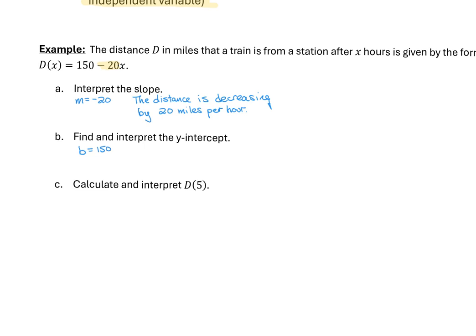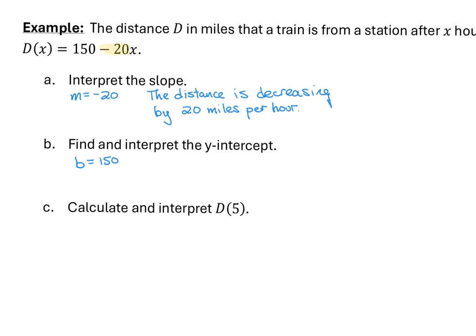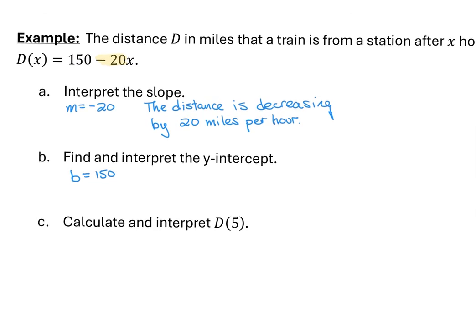When we talk about the y-intercept, we're talking about the initial value when x is equal to 0. So when we interpret the y-intercept, we want to use phrases like the train started at 150 miles. And here, this is from the station.